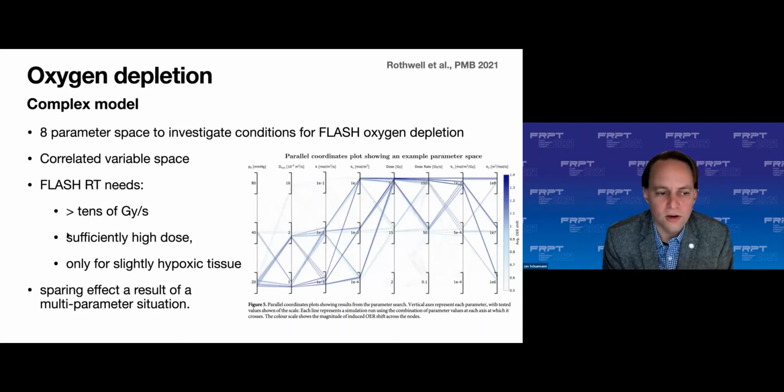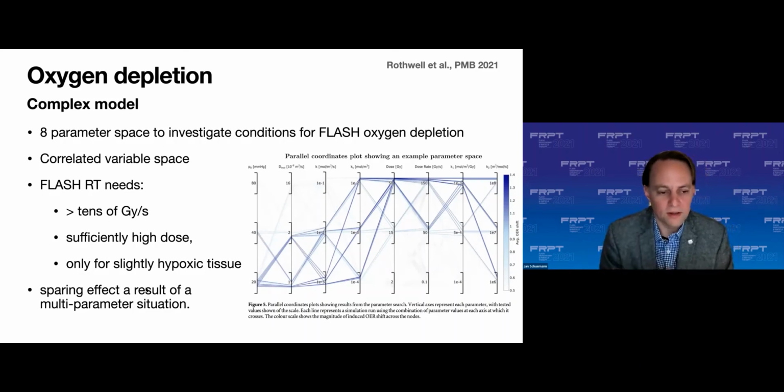Their conclusions are you probably need somewhere in the order of tens of grays per second dose rate, sufficiently high dose and, again, slightly hypoxic tissue or low oxygen concentration in your initial tissue. And you can really move these around and see how all these parameters play together. So it's very interesting.